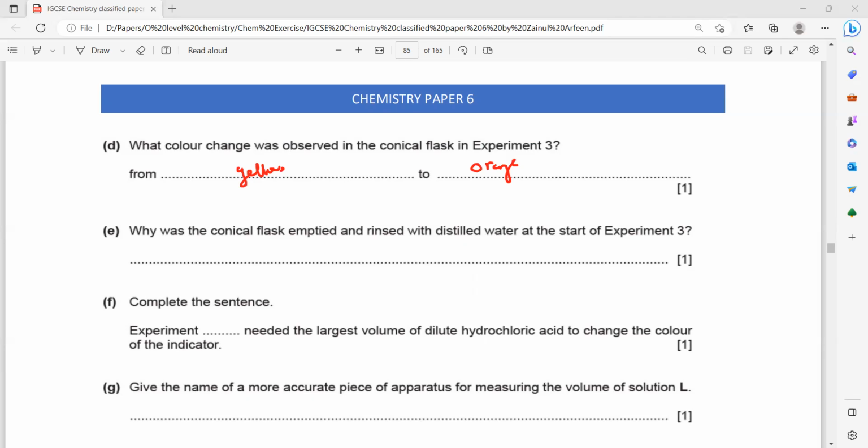You have to learn the color changes to identify the color of the indicator in different media. So this will be yellow and the other one is orange. The next one: why was the conical flask emptied and rinsed with distilled water at the start of experiment 3? To remove residue from the previous experiment, or to remove impurities or leftover chemicals.